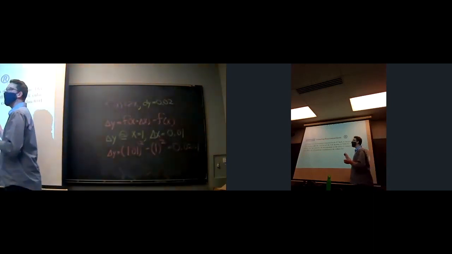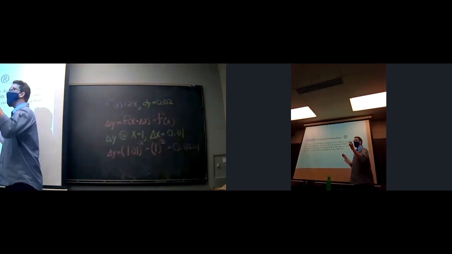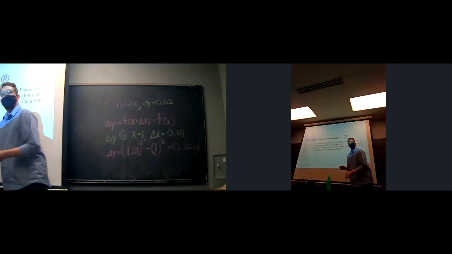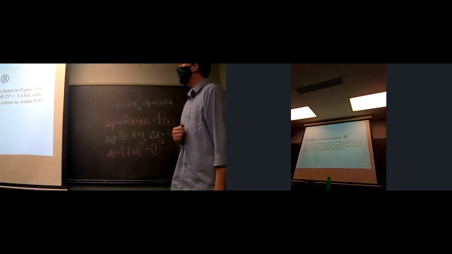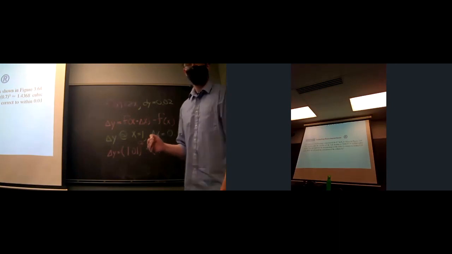So one way of thinking about this is delta y versus dy are measuring errors in orders of magnitude of the original measurements. How do I want to say this? I'm trying to think of how best to state it.